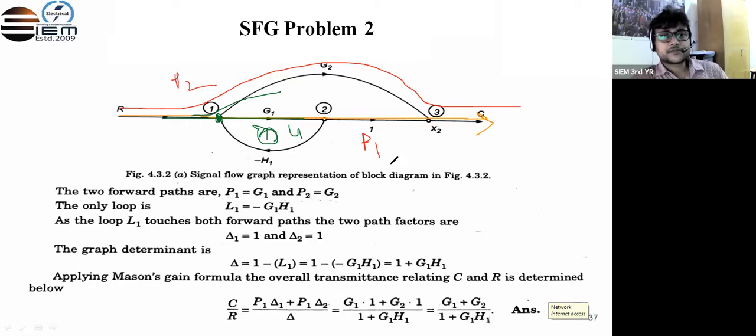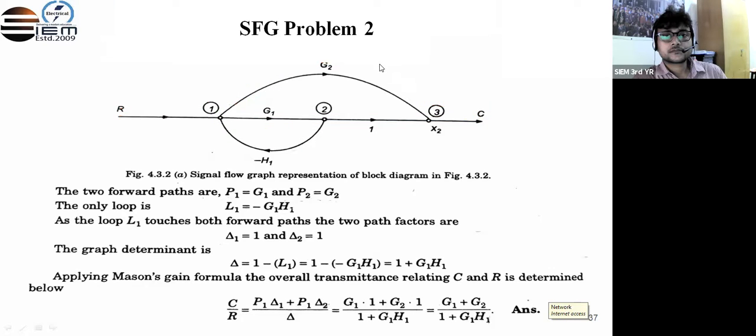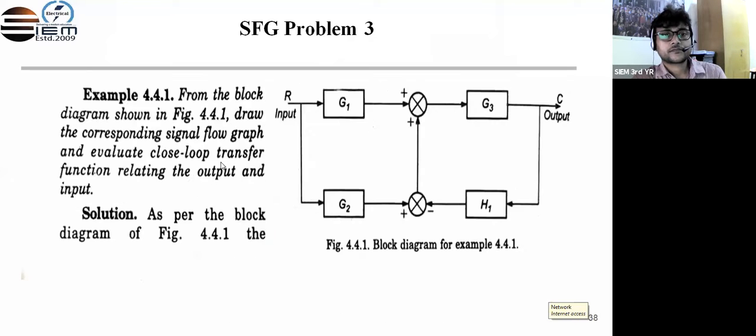Okay, so coming up to the next example. From the block diagram shown in the figure, draw the corresponding signal flow graph and evaluate the closed loop transfer function relating the output and input.